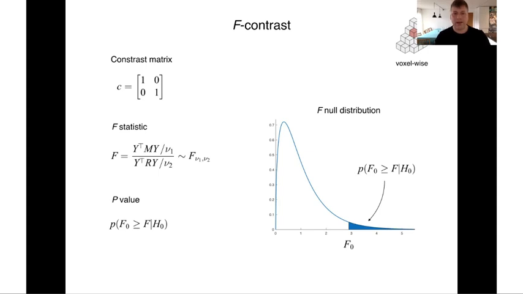And again, like the t-test, we can evaluate the probability, the p-value, which is the probability that F under the null hypothesis is equal to or greater than our critical observed F, so the one we estimated using our data, our model, and a particular contrast.